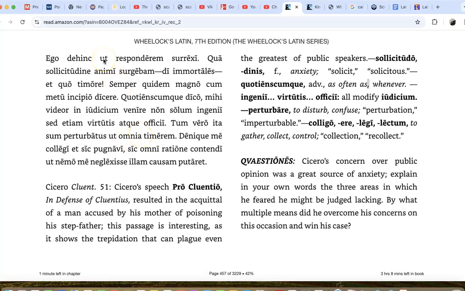We have a couple examples of the imperfect subjunctive with ut. We also have the difference between a result clause and a purpose clause, which is important to understand. And tracking word order and syntax can improve your overall Latin skills.